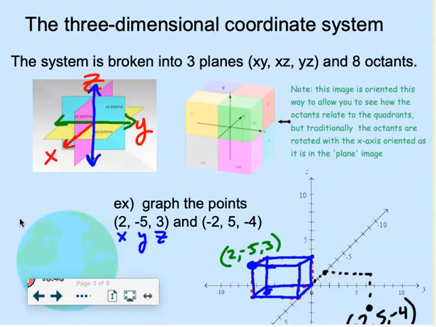So on the screen, this is really hard to see, and I hate it because the only octant visual I could find in the world has them rotated, and I don't like it.